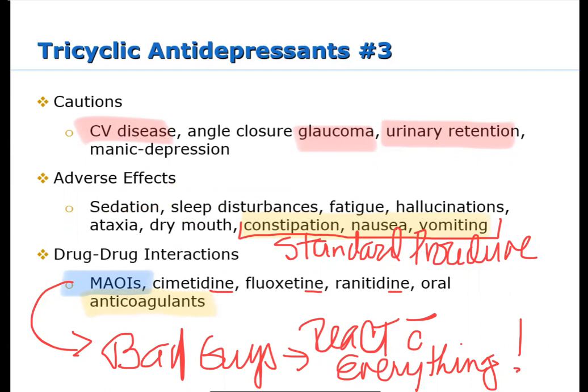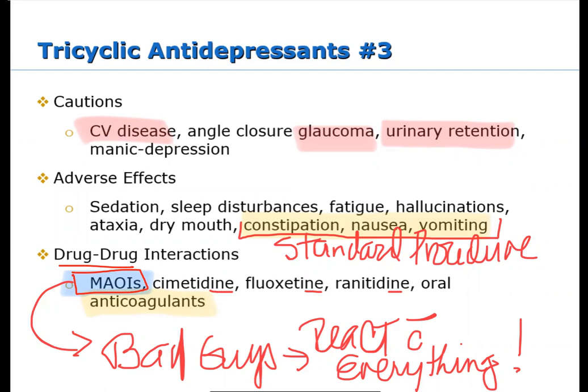Okay? And then last but not least, what I do want to say is that they do have a drug-to-drug interaction with certain medications. Number one, and I know this is not a tricyclic antidepressant, but tricyclic antidepressants will react with MAOIs. And these guys are pretty bad. They're very bad. They react to just about everything under the sun.